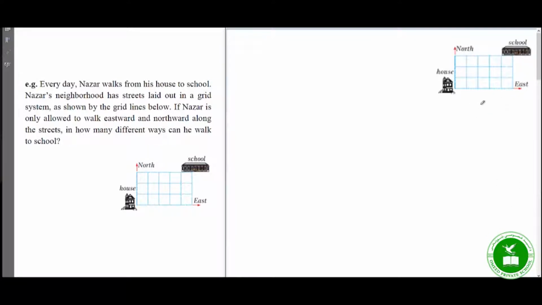As you see here, he can walk only eastward and northward. All of these streets are the same for him to walk eastward or north.